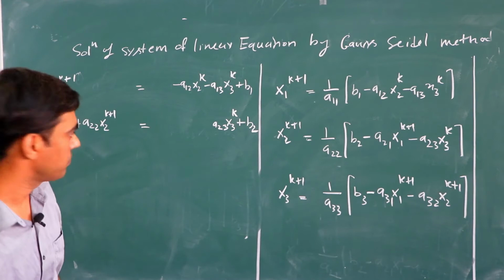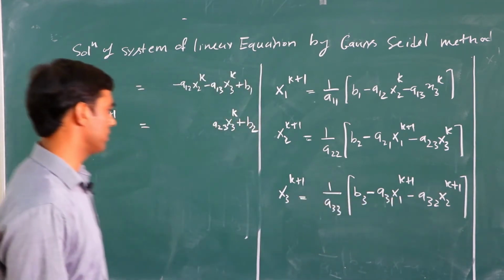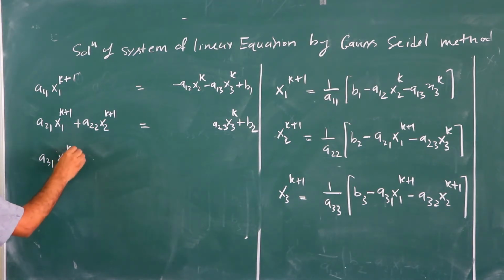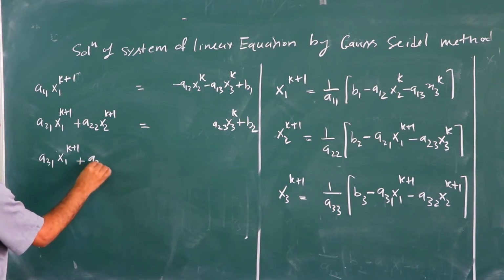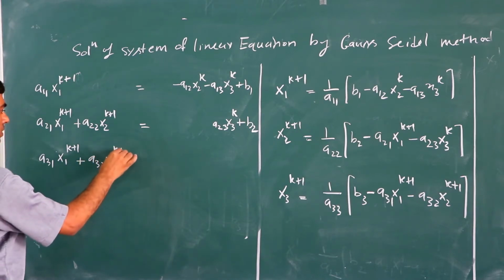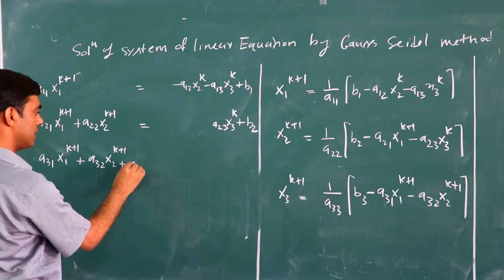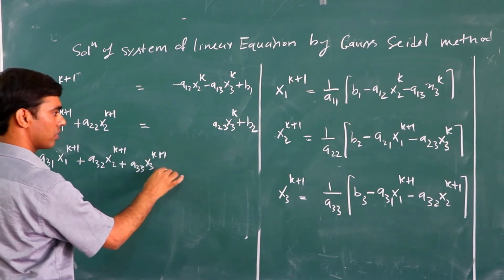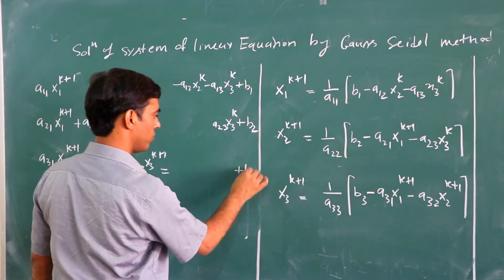Now similarly, in the third equation, there are three terms of k plus 1. The first term is a31 x1 (k plus 1) plus a32 x2 (k plus 1) plus a33 x3 (k plus 1) equal to plus v3.